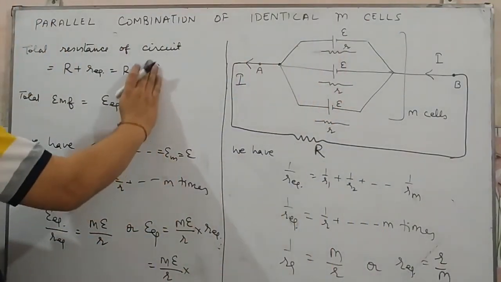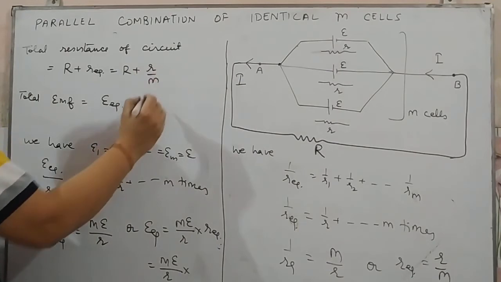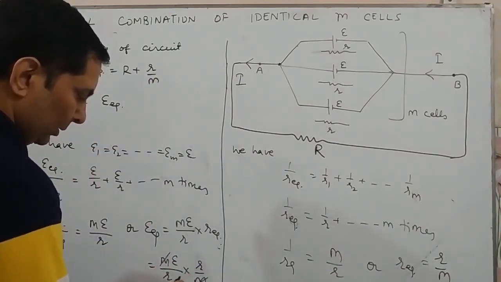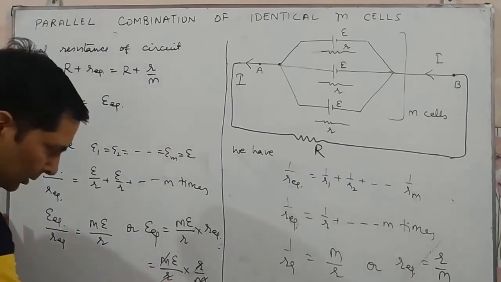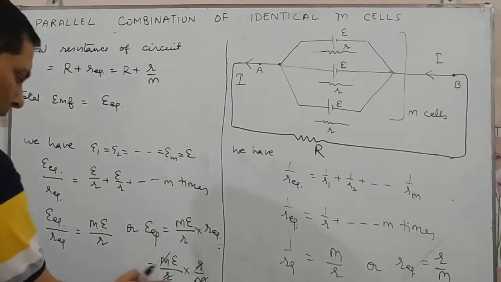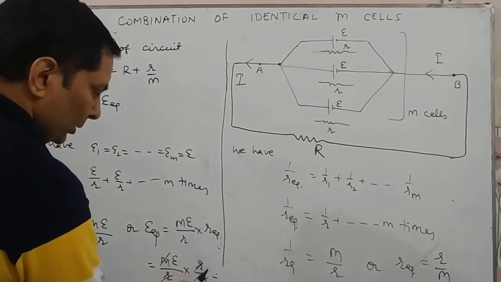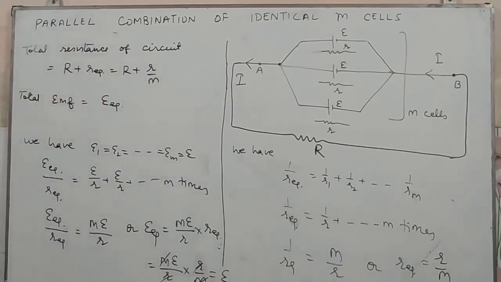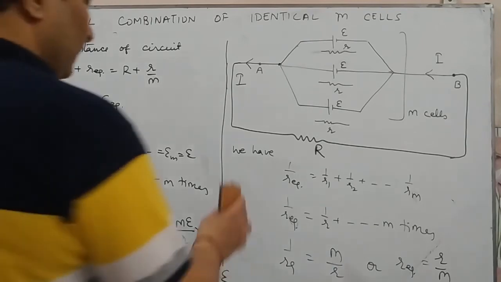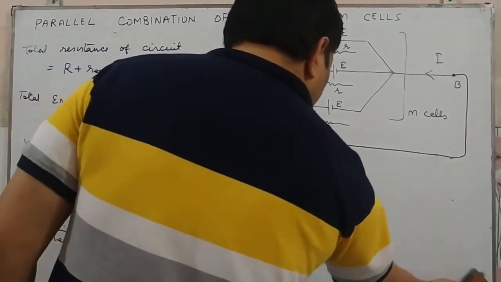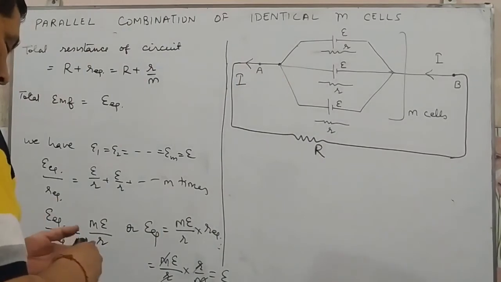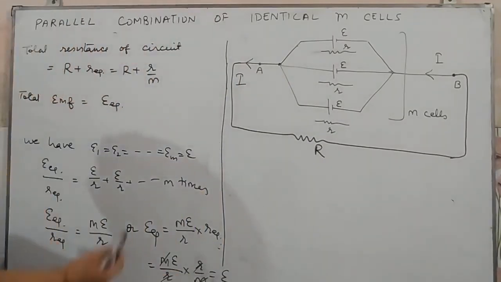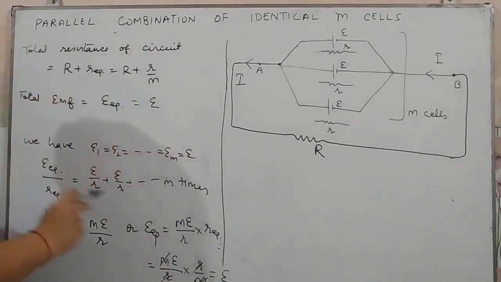So it is r by m, cancel this, and the result obtained is E. So the total EMF of the circuit is E, as we have proven here.